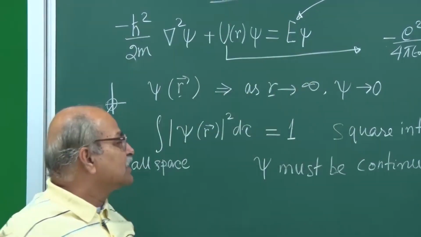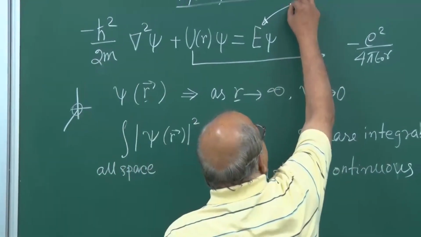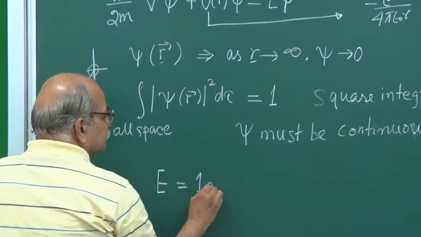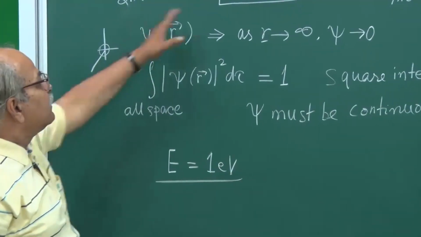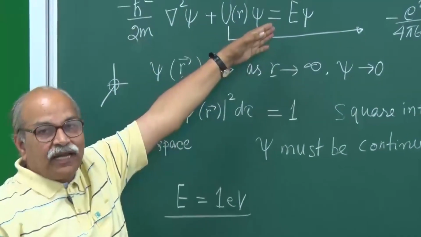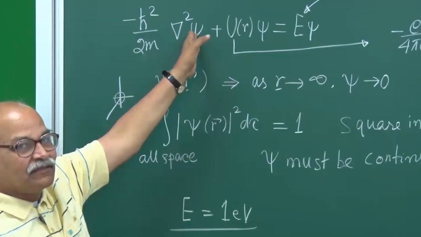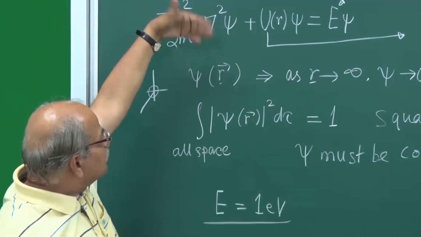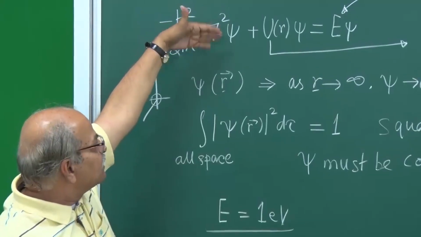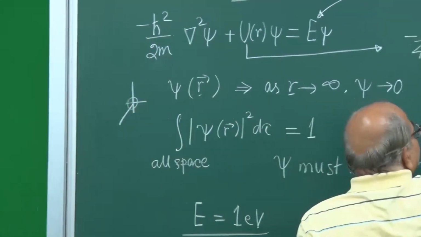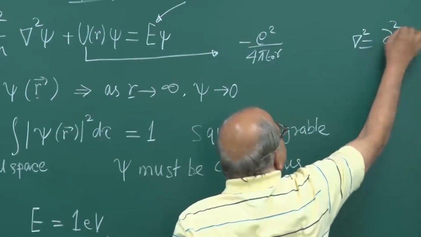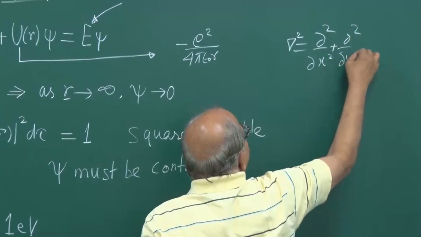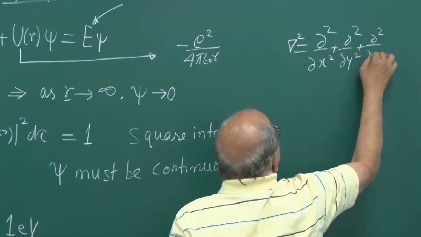So suppose this is the equation, and suppose for this capital E, I write 1 electron volt, and the equation is still there, and I ask: tell me what functional form psi I should put here, so that when I do all that second differentiation with respect to x, y, z, etc. Remember that this del square is del 2 by del x square plus del 2 by del y square plus del 2 by del z square.